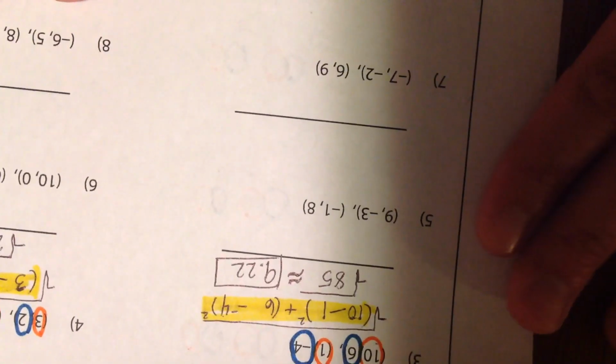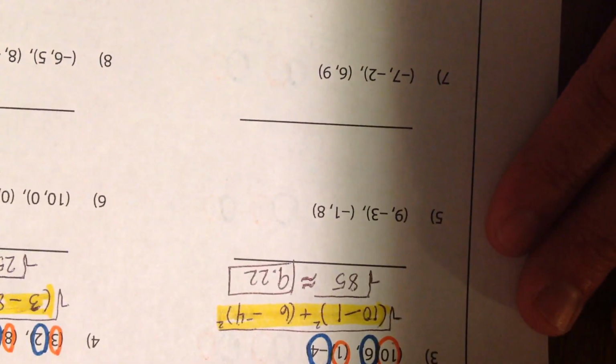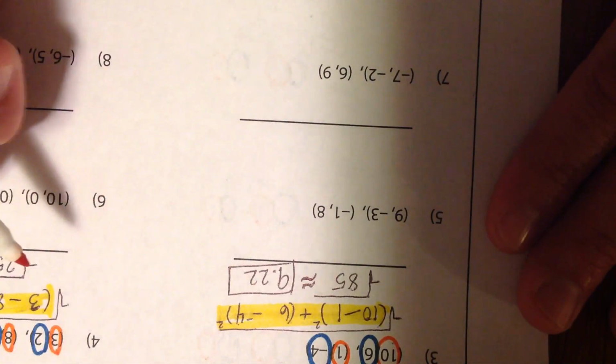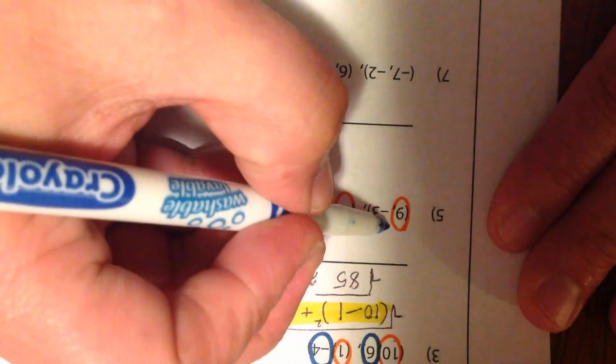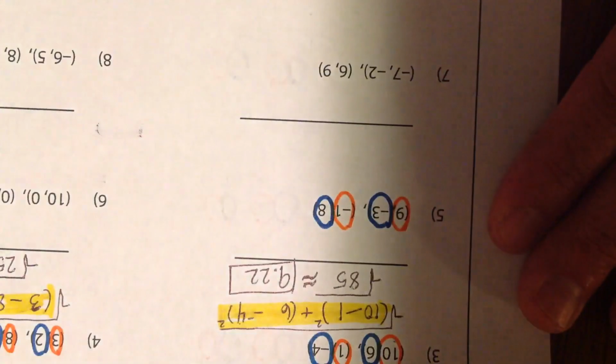When I take the square root of 25, that is exactly 5. Looking at my next example, I need to find the distance between (9, -3) and (-1, 8). Again, my x's are 9 and negative 1, and my y's are negative 3 and 8.